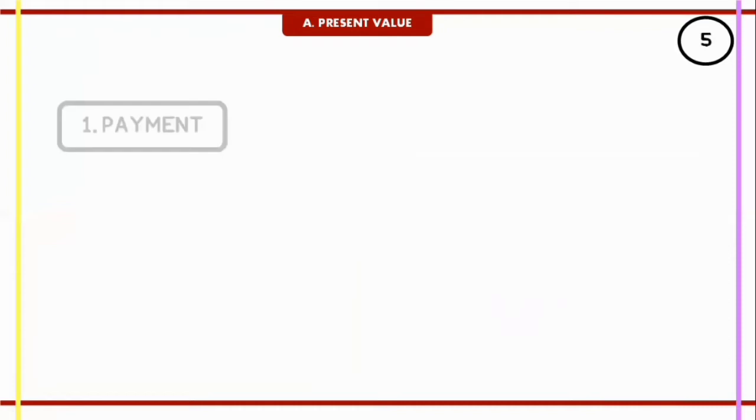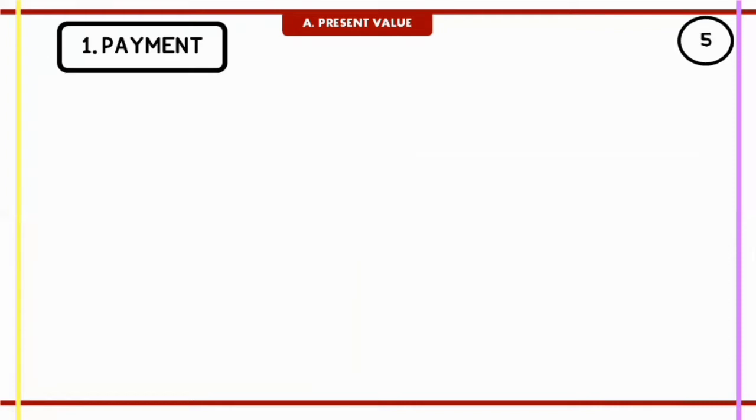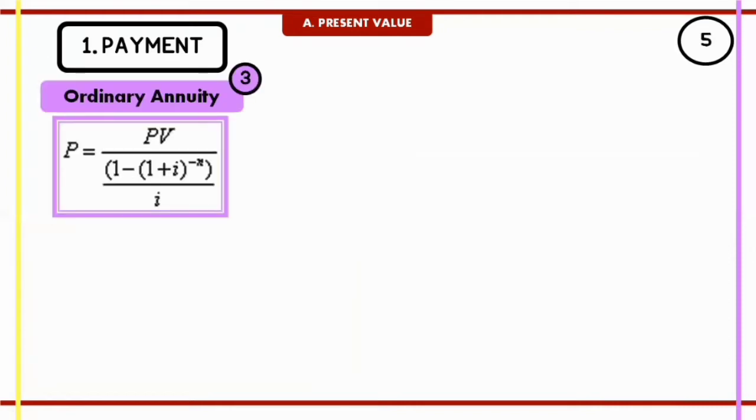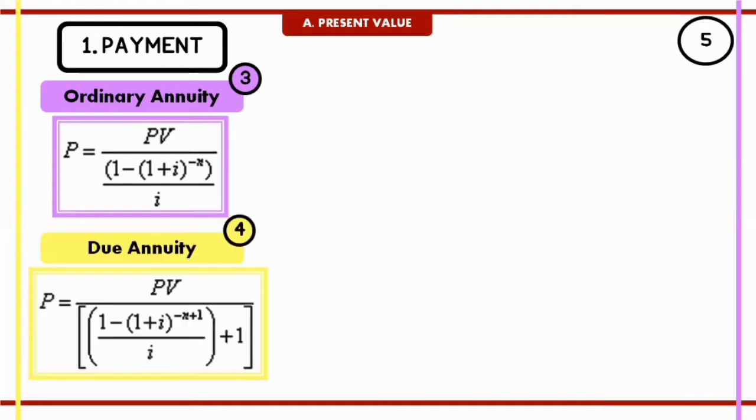Next, how to find the payment of ordinary annuity is P equals present value divided by 1 minus 1 plus I to the negative n divided by I. And the payment of due annuity is PV divided by 1 minus 1 plus I to the negative n plus 1 divided by I plus 1.